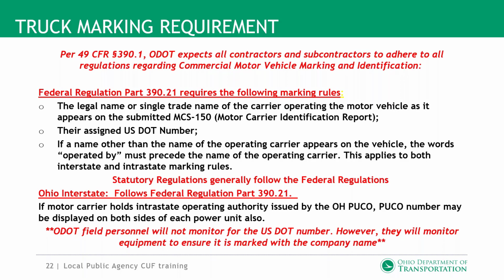And we do expect all contractors and subcontractors to adhere to these regulations regarding commercial motor vehicle markings and identification. You can read that. There are also Ohio interstate federal regulations, which is part 390.21. So motor carriers of any kind should be easily recognizable with their US DOT number and their identification on the truck or equipment.